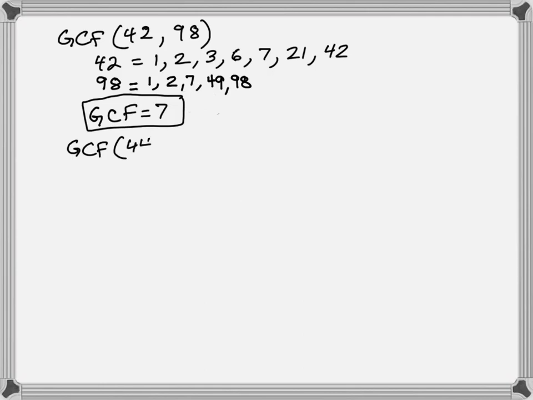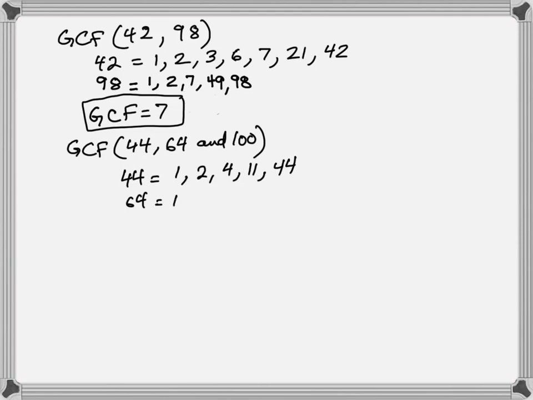Now we're going to do the GCF of 44, 64, and 100. First of all, we do the factors of 44, which are going to be 1, 2, 4, 11, and 44.